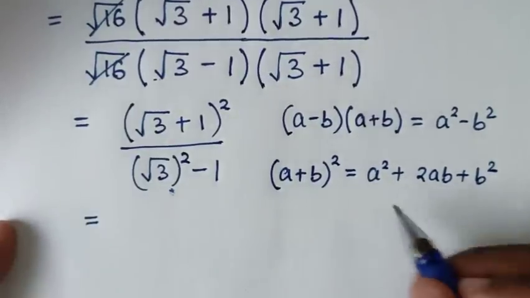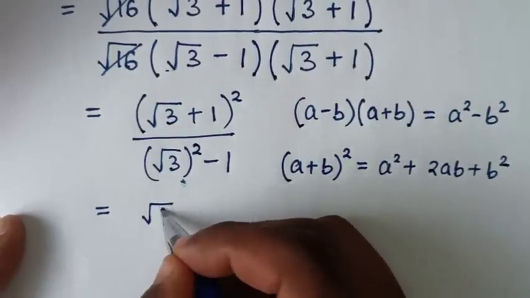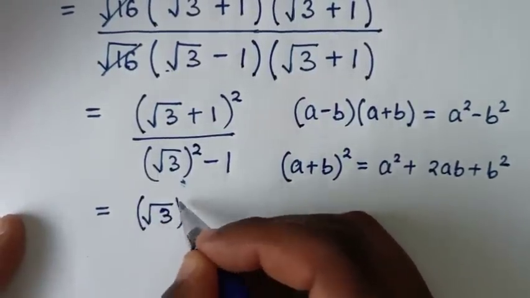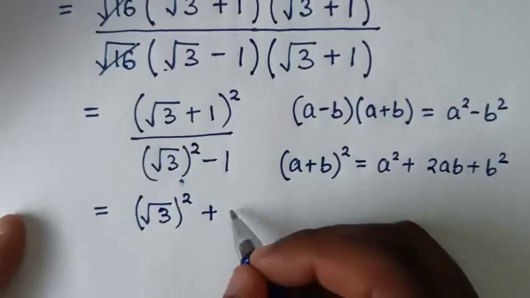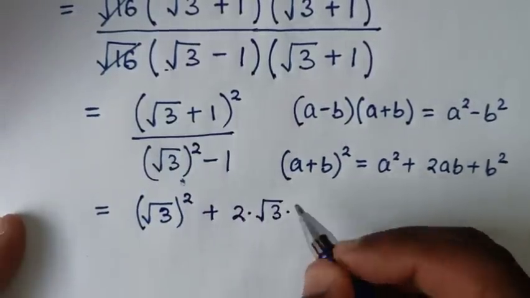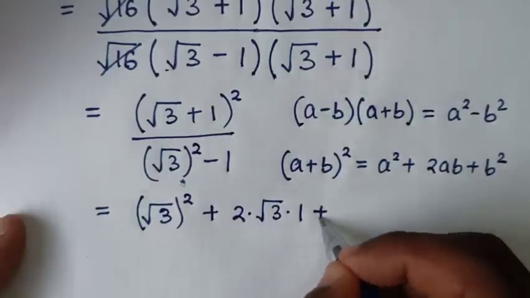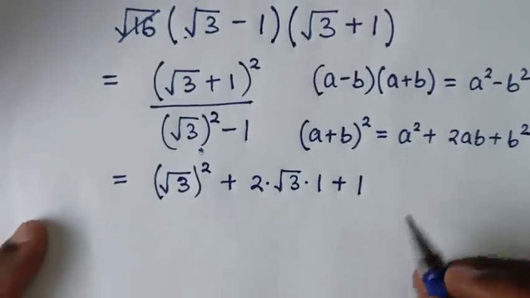Then we'll apply this form, a square, it will be square root of 3 square, so here it will be square root of 3 bracket square, then plus 2ab, it will be 2 times a, this square root of 3, times b, it is 1, then plus b square, it will be 1 square, which is still 1.